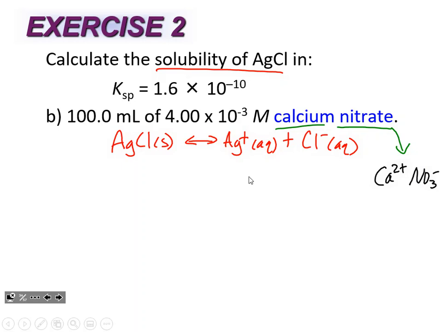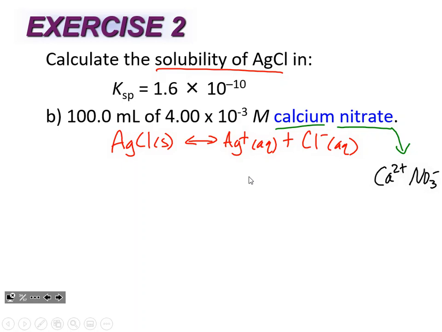So, what does that mean for our overall problem here? What's the nuance? What's the little glitch here? No common ion, exactly right. So it's trying to trick you into doing something even though there's no common ion to be found.